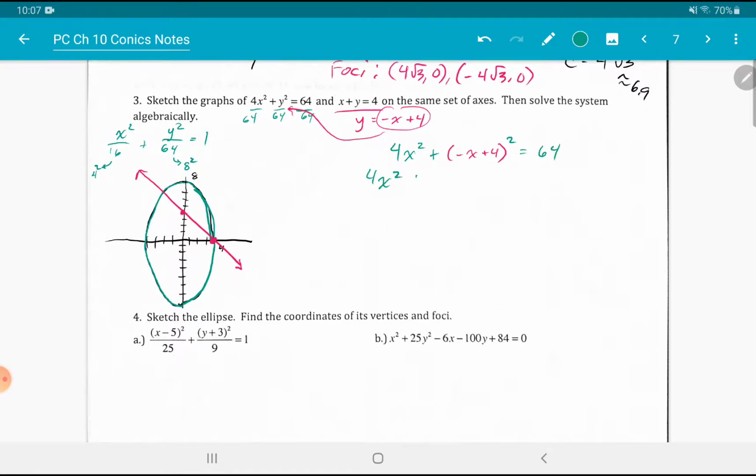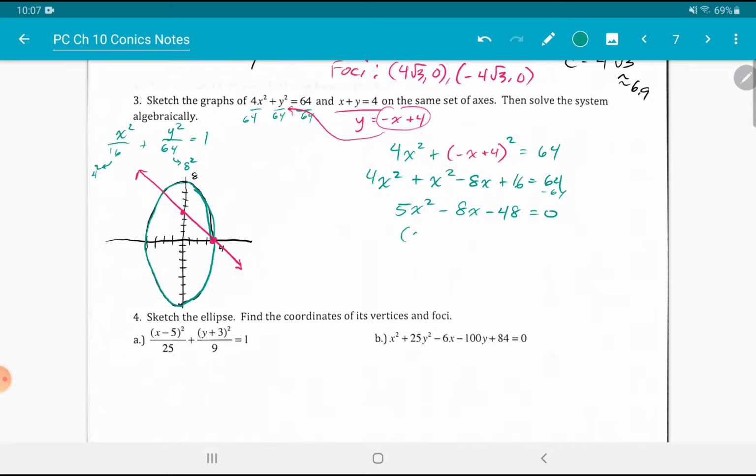So we get 4x squared plus x squared minus 8x plus 16 equals 64. Simplifying, we get 5x squared minus 8x, and then subtract the 64, so minus 48 equals 0.